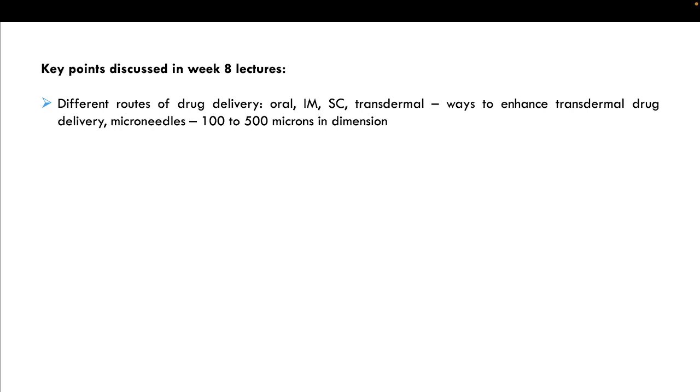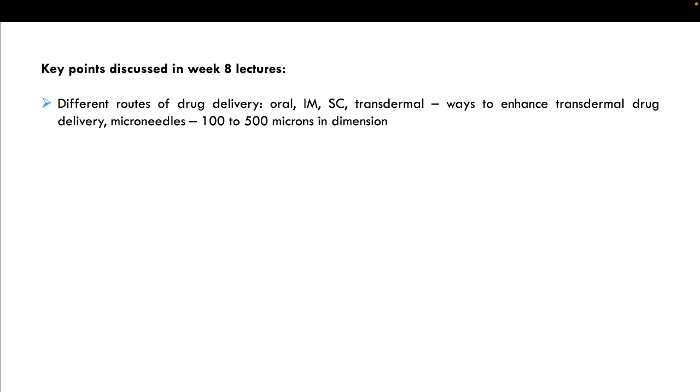But there are ways to enhance transdermal drug delivery by destabilizing the stratum corneum, and we saw different ways to do that, right? There are various chemical enhancers, or you could use electric current to destabilize the layer, and then you can increase the permeability of drugs through the transdermal layer.